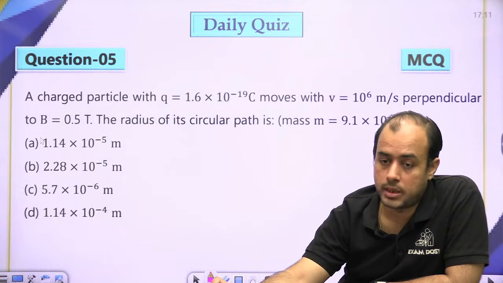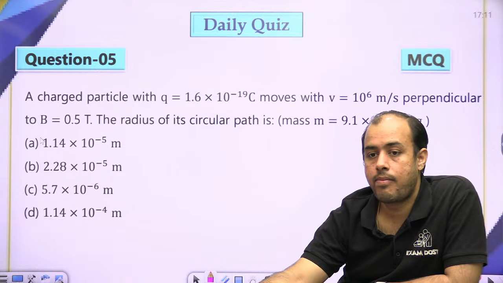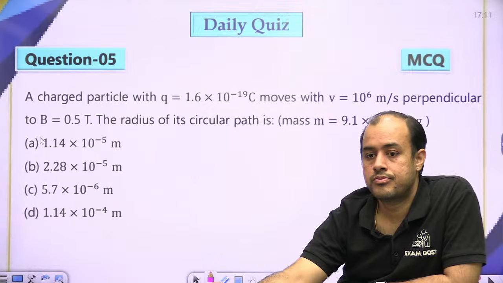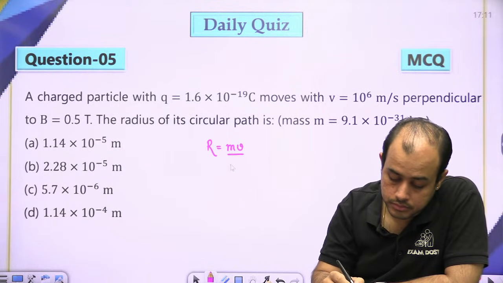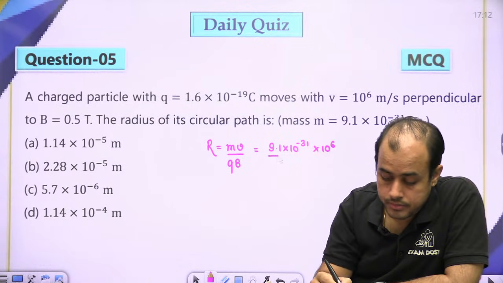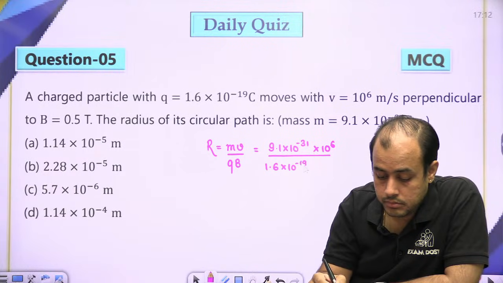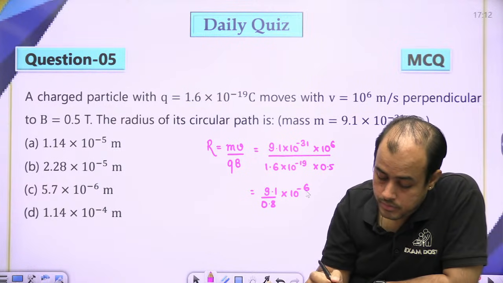What is the radius of the circular path? 91 by 8.